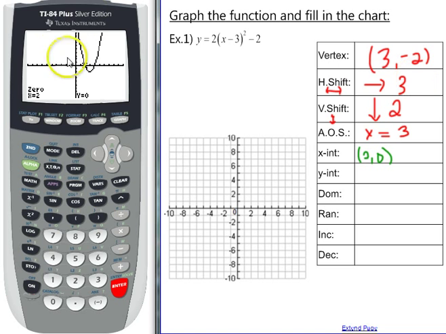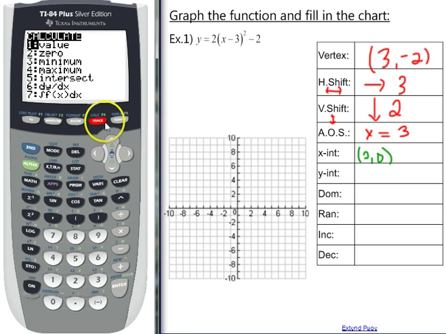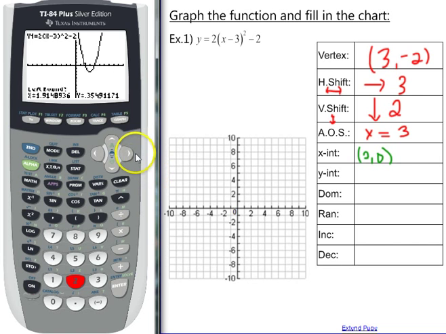And then we need to find the other one. So we're going to go back and do this process again. Hit second, trace, and then we're going to calculate the 0. So this time we need to go over to the other X-intercept. So you get really close to it, and then the left bound, again, hit the left cursor and enter.